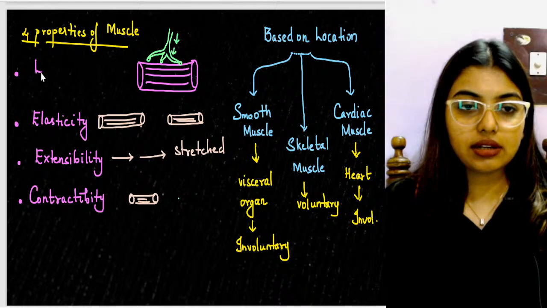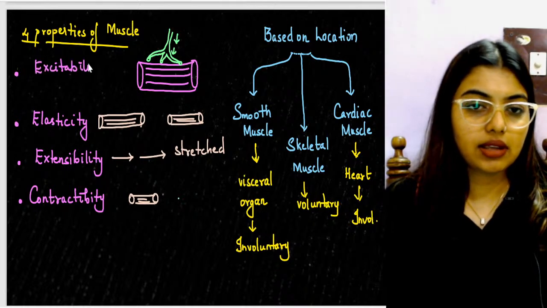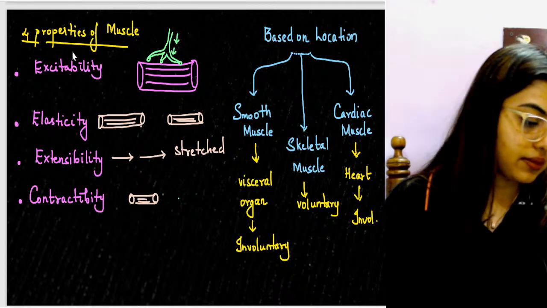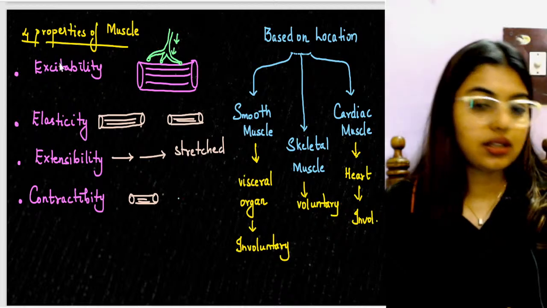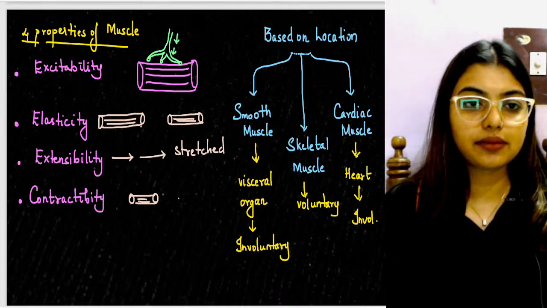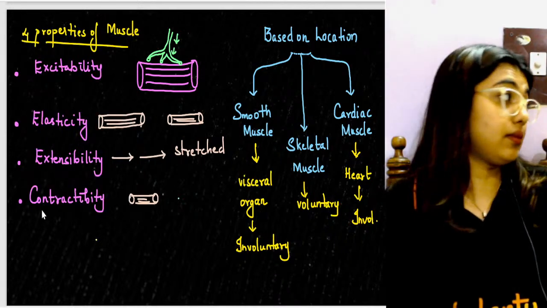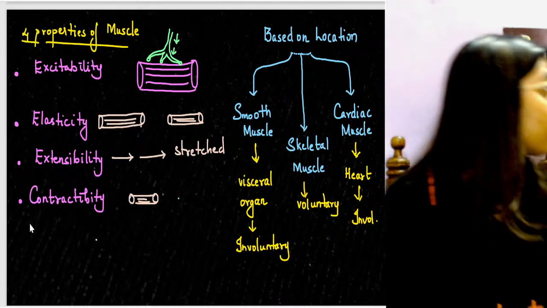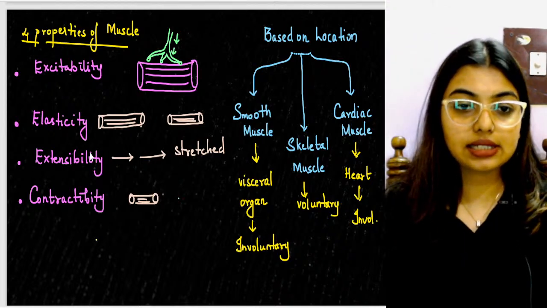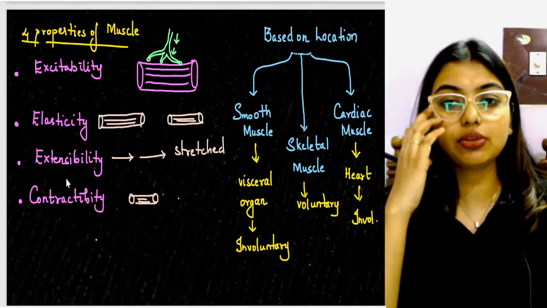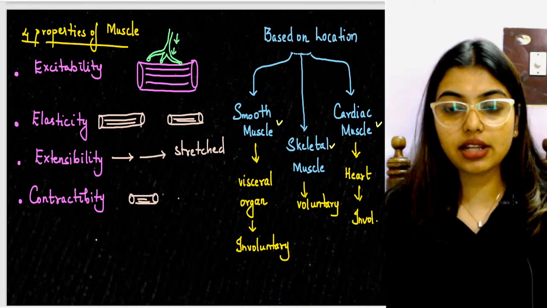So I'm writing it here, excitability. Yes. So students, excitability, elasticity, extensibility and contractibility. So based on the location, you have 3 types of muscles: smooth muscle, skeletal muscle and cardiac muscle.